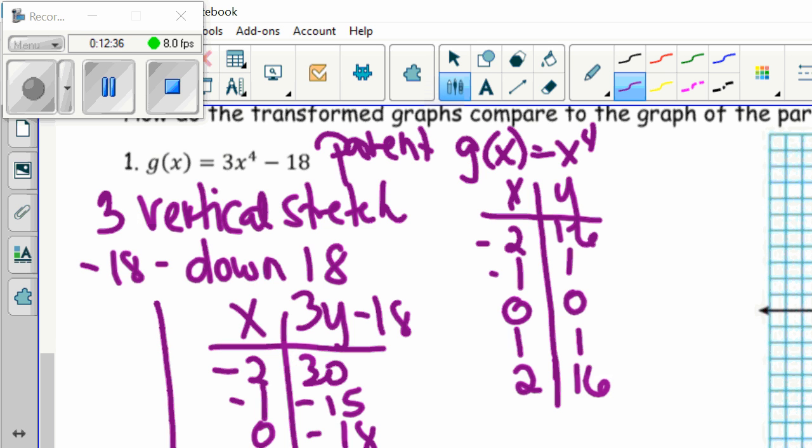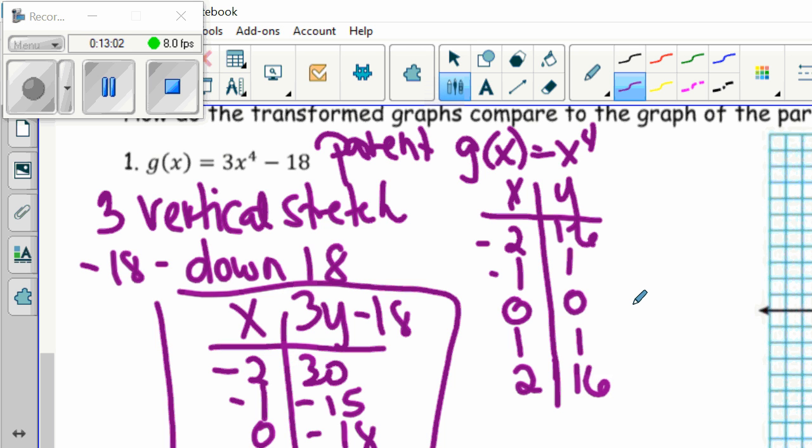And again, I'm going to graph my new XY table. Let's go by 2's on our y-axis. So this is going to be 2, 4, 6, 8, 10, 12, 14, 16, 18, 20. So -18 right here. At -1, I'm at -15.